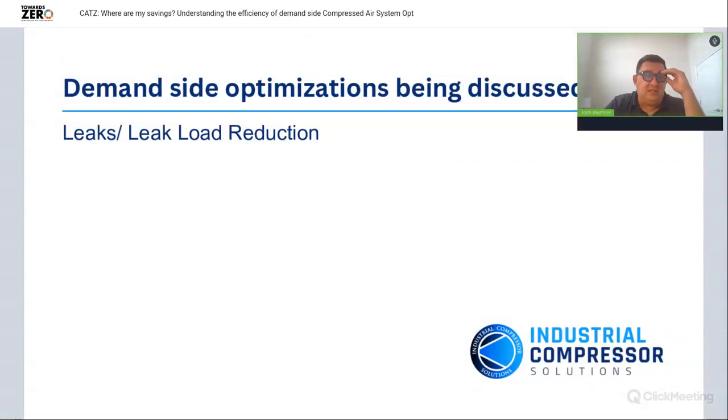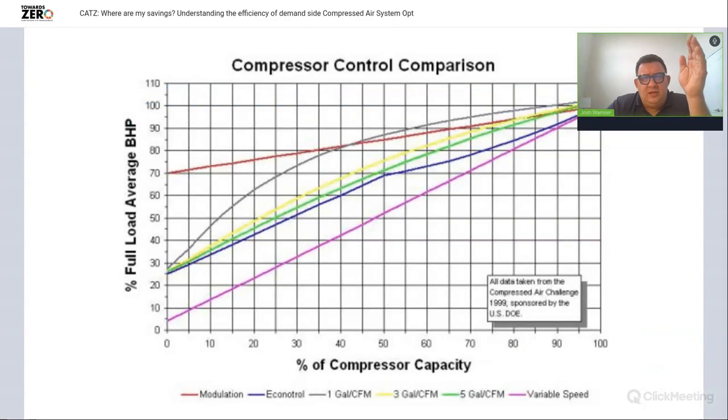So first of all, let's talk about leaks and leak load reduction. In order to get too far into this, I'm just going to flash this compressor control comparison chart. We've all seen this over the years, but effectively, based on the individual type of compressor controls, part load inefficiency is different.